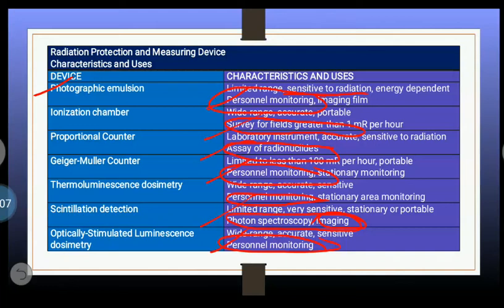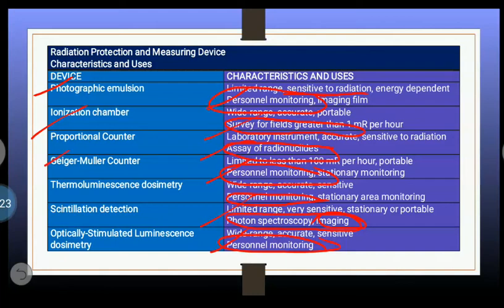Ionization chamber has a wide range, is accurate and portable, and cannot be used for personal monitoring. It is used for survey of fields greater than 1 milliröntgen per hour, for detecting an area.